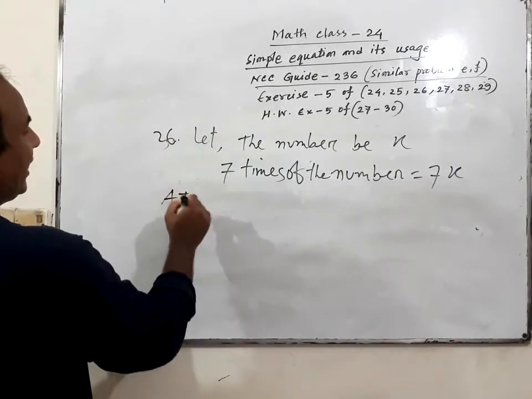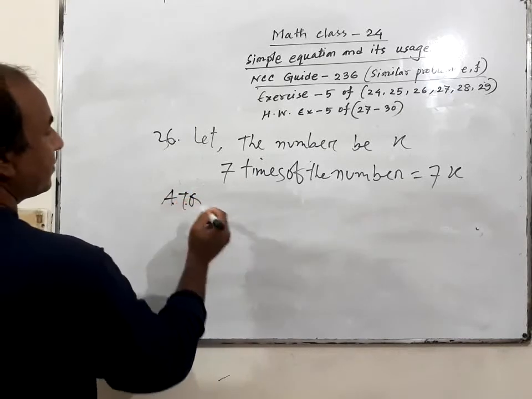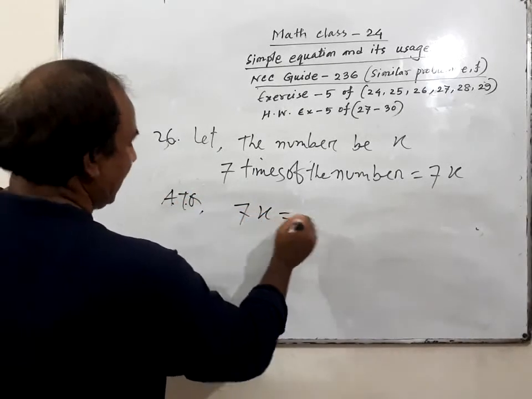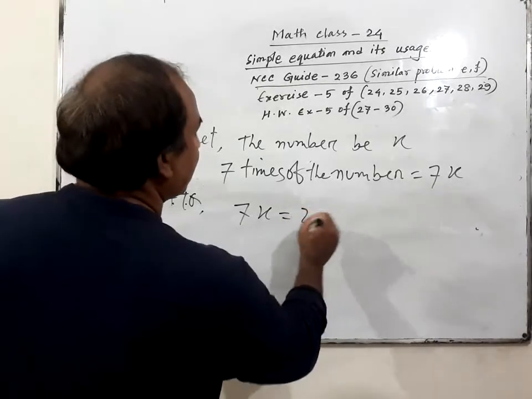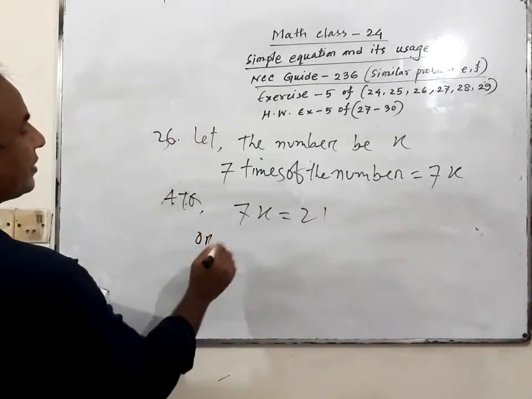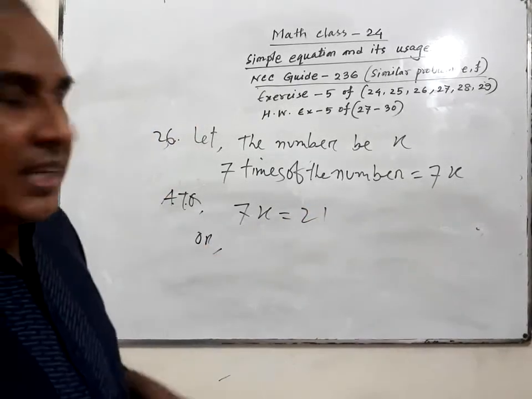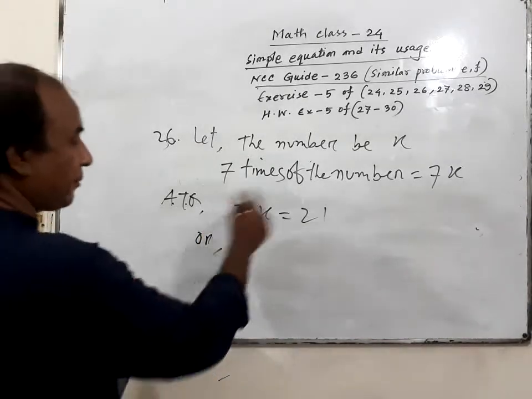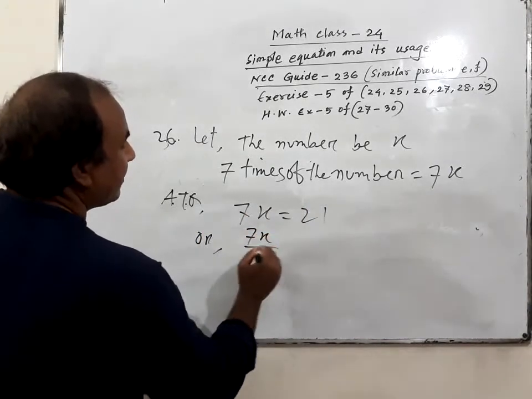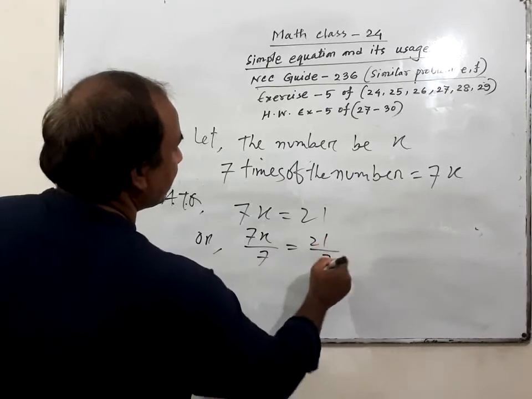So according to the question, 7x is equal to 21. X and 7 are multiplied together, so we have to divide both sides by 7. 7x over 7, 21 over 7.